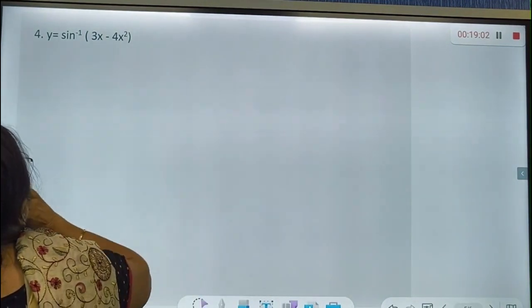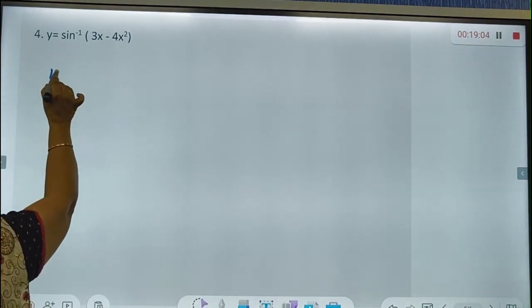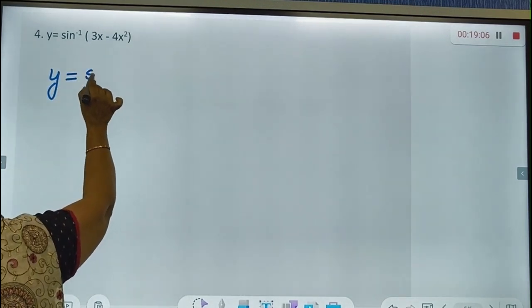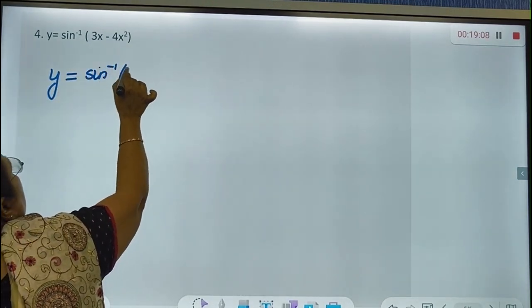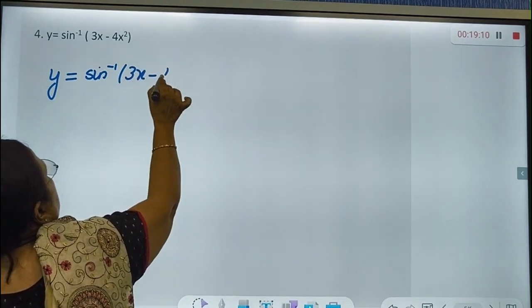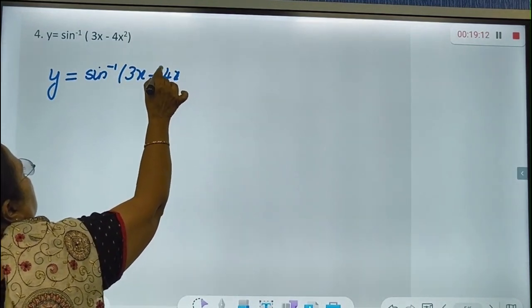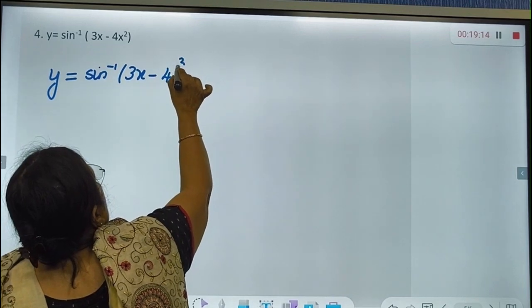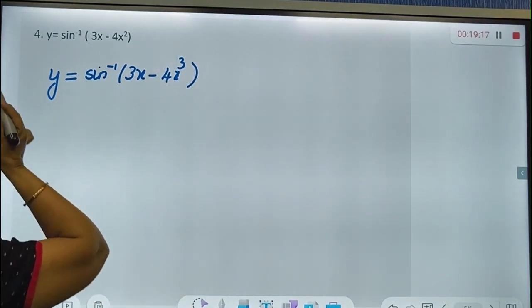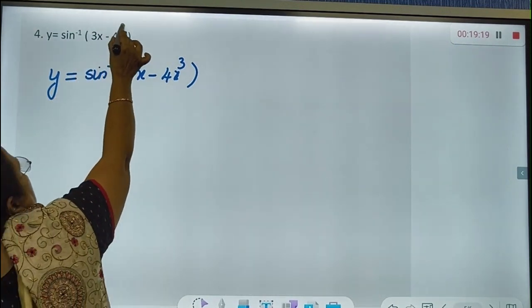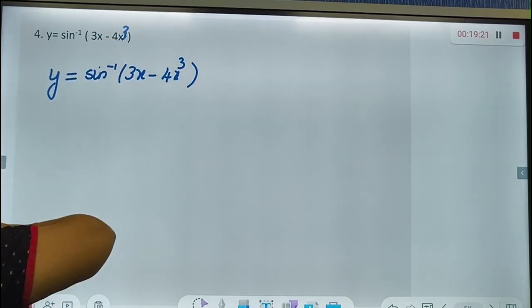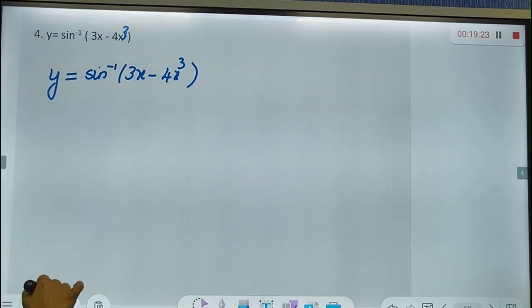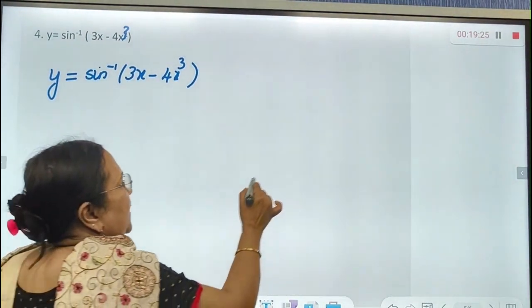For example, if I want to find dy by dx, where y is given to be sine inverse of 3x minus 4x cubed. Now you have to recall the formula for sine 3 theta.